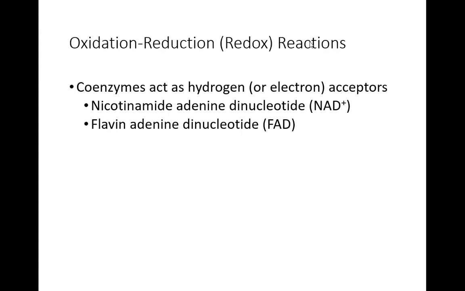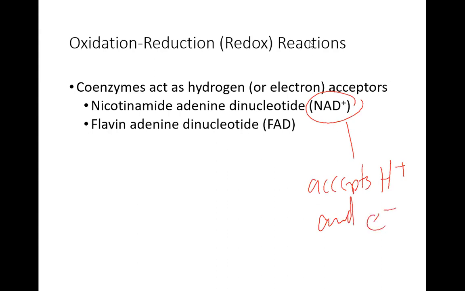It is an electron acceptor. NAD plus accepts hydrogens and automatically electrons. We also have another one called FAD, which does the same thing, picks up hydrogen ions and electrons. This is how we can transfer energy around inside the cell before we make the ATP.